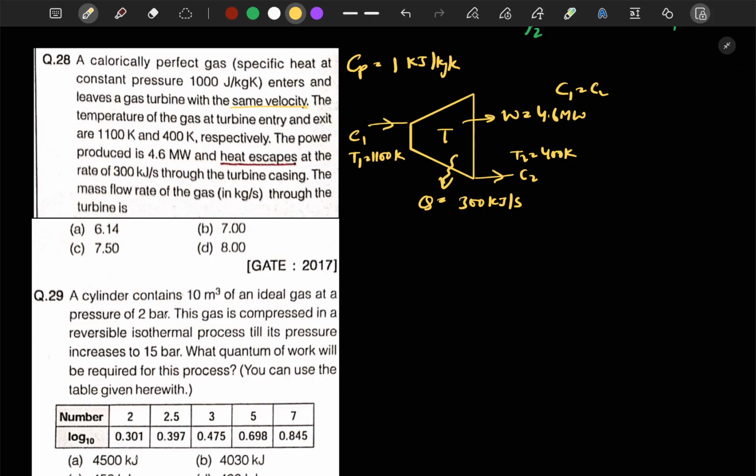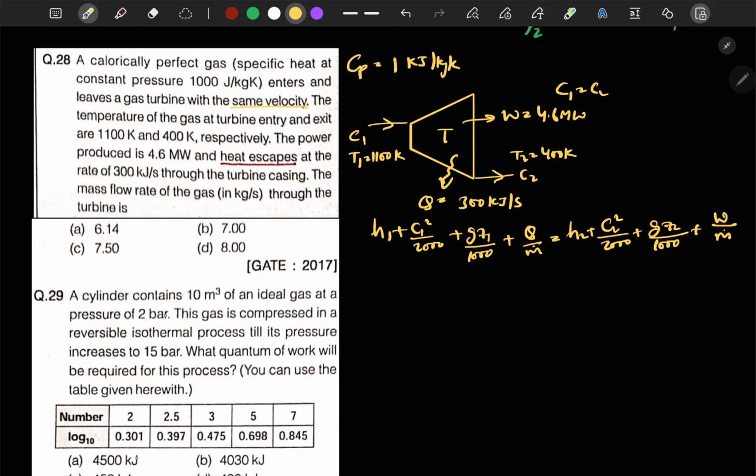First we can apply the steady flow energy equation here. From the steady flow energy equation we can write H1 plus C1 square by 2000 plus gZ1 by 1000 plus Q by m dot is equal to H2 plus C2 square by 2000 plus gZ2 by 1000 plus work output upon m dot.